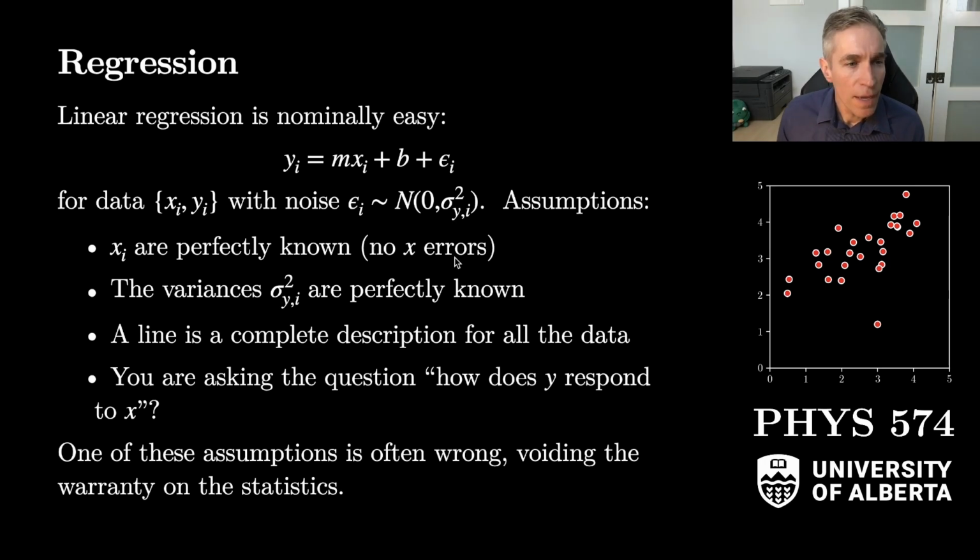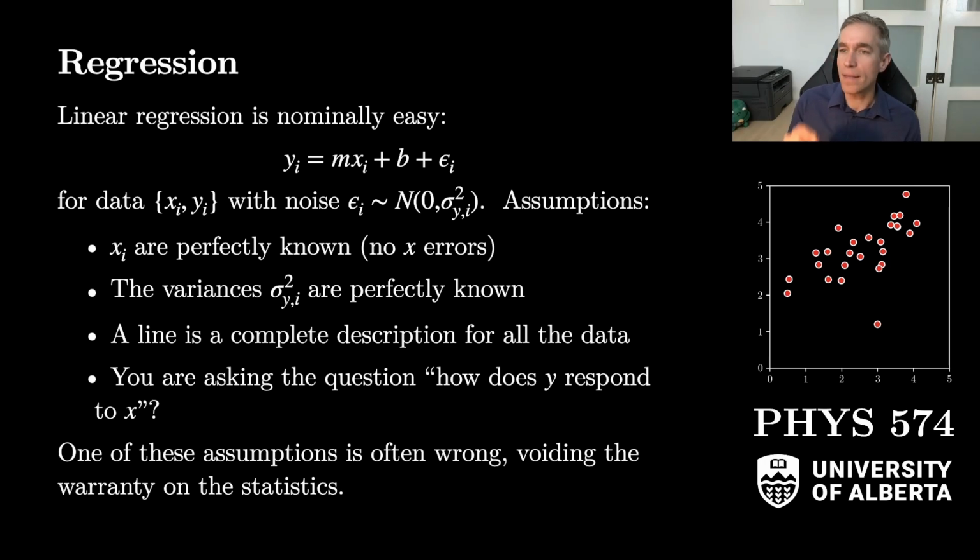Now, this has a lot of assumptions, and we usually rattle them off and then pay no further attention to them. So we assume that the xi are perfectly known. There are no uncertainties in the x coordinate. We assume that the variances are known. We assume that the line is a complete description for the data.